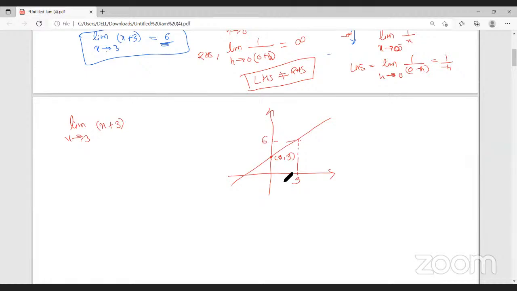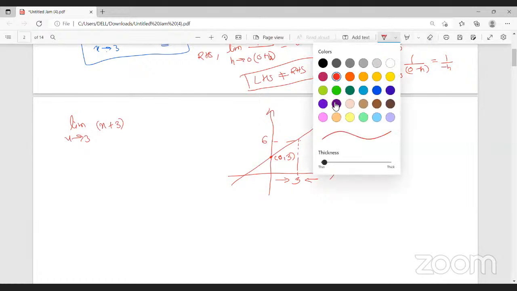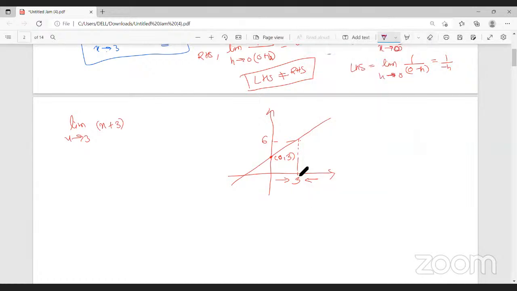Yes, sir. So I can approach from this side and from this side also. I will take one small point on the right hand side such that the distance between 3 and this point is h. So I can consider this as 3 plus h, and this point will be 3 minus h, right?